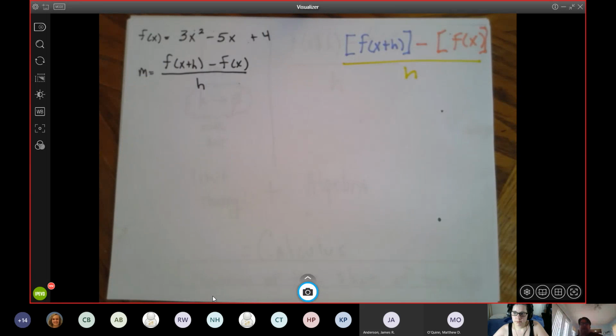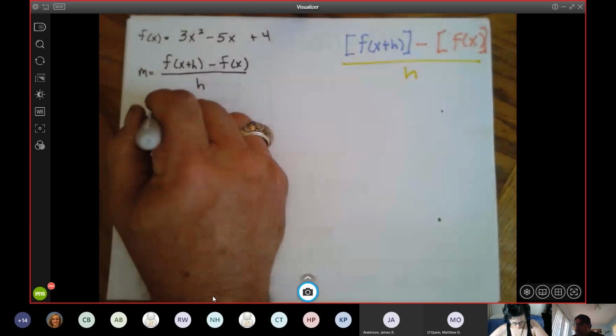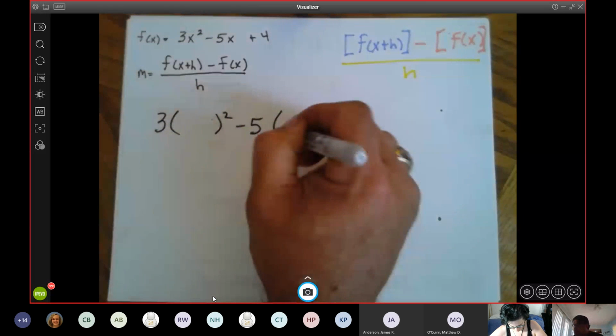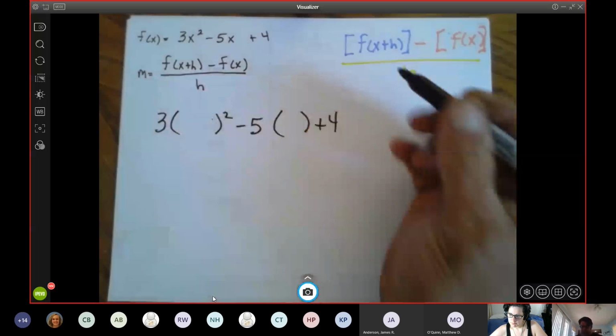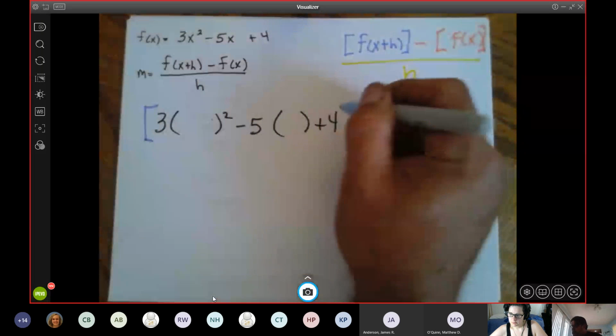All right, so first thing I'm going to do is rewrite my 3 parentheses squared minus 5 times parentheses plus 4, and I'm going to put that in blue brackets.